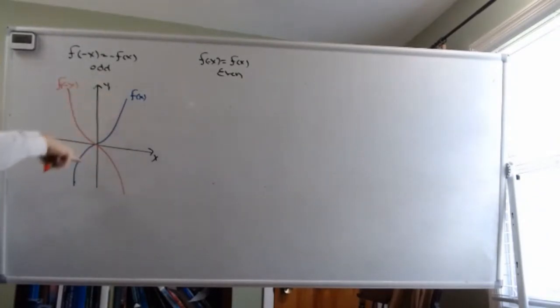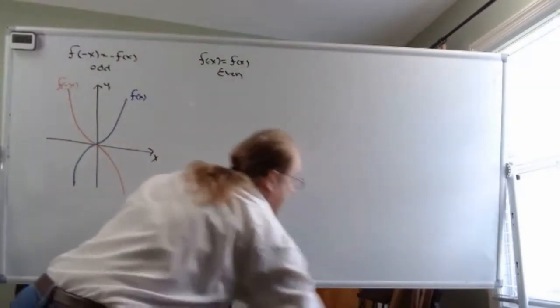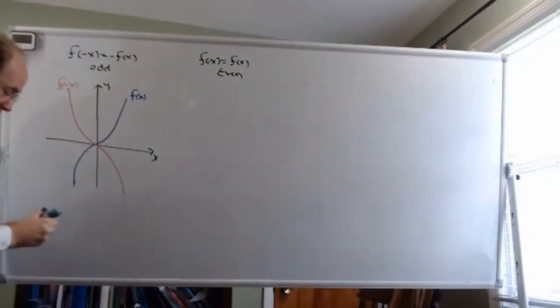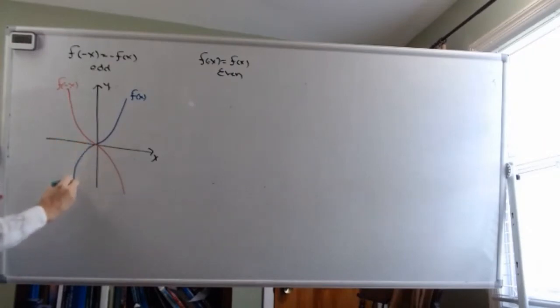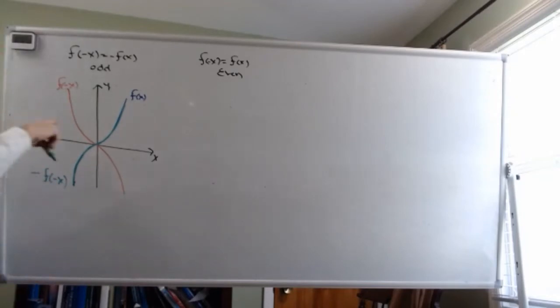Notice that's not the same function. However, if I take the negative of this, meaning I now flip it about the x-axis, I get a graph that looks like this. So here's the negative of this. So here's the green, and it does this. And this is the negative of f of negative x. And that gets me back to that expression over here, because it just flips that over.